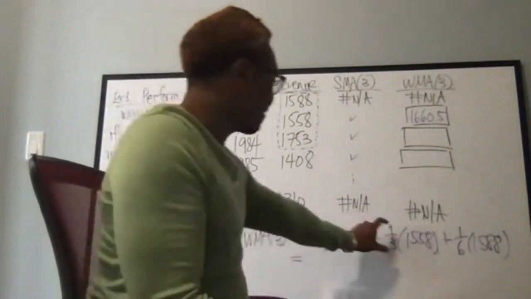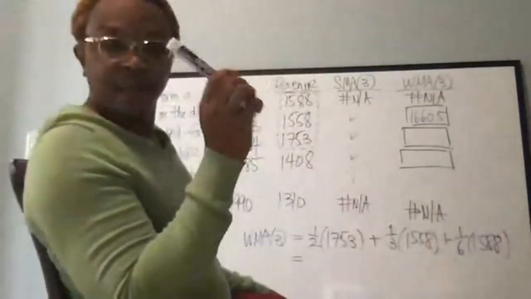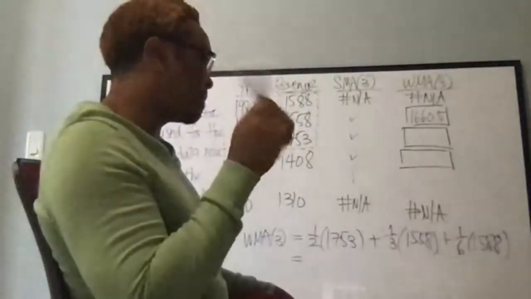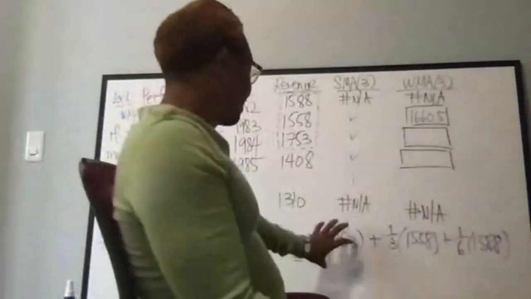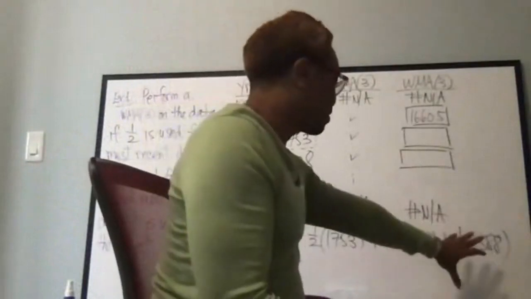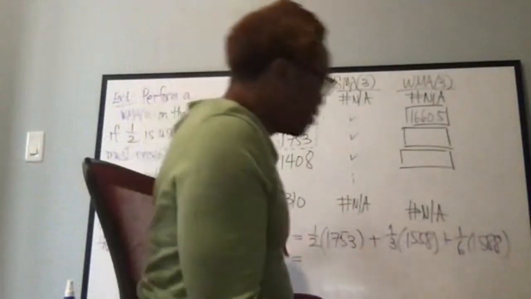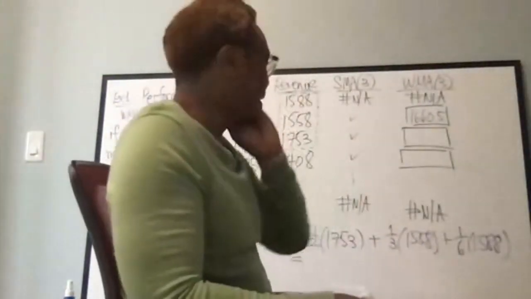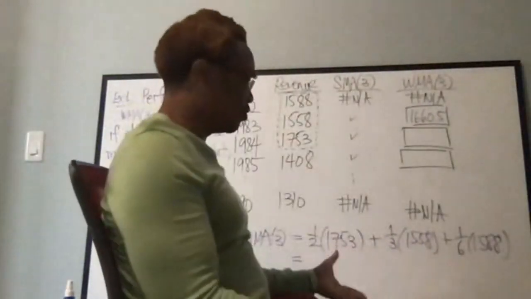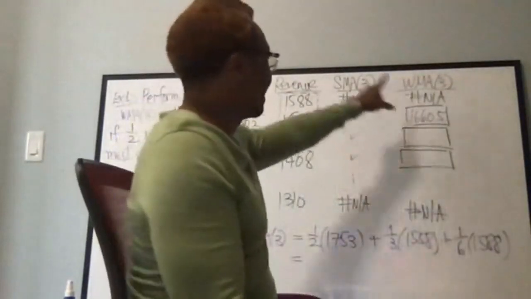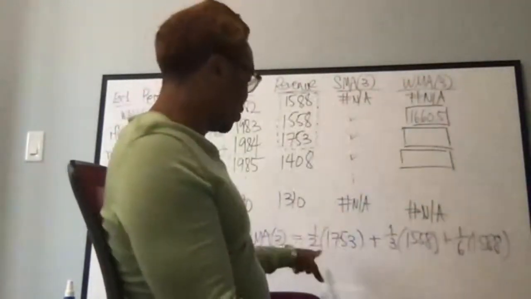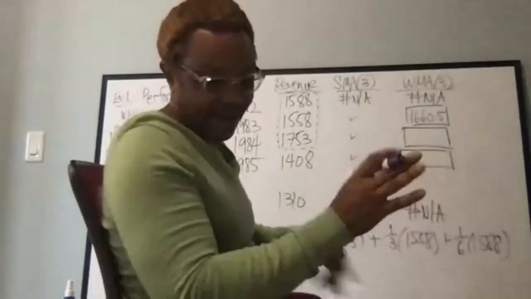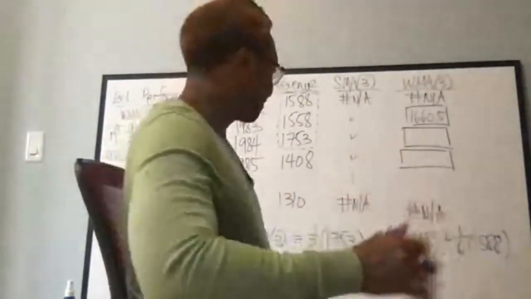We took that fraction, that fraction, that fraction. Now, be careful though, because some people still manage to do something like this. They'll get this answer, this answer, this answer, and then once they get everything, they'll divide everything by 3. No, don't do that. Because see, you're mixing in SMA 3. Once you get this fraction here, this fraction here, this fraction here, that's it. You don't have to divide everything by 3 like SMA.